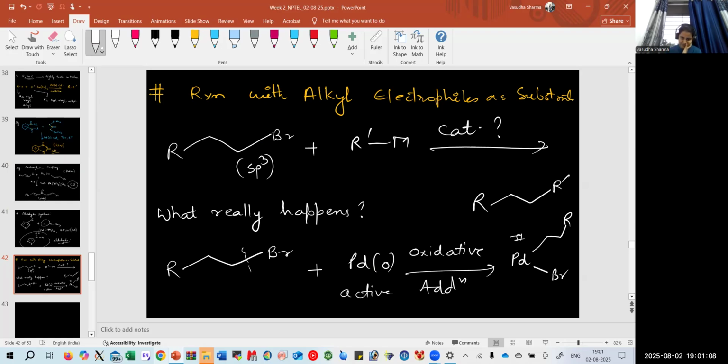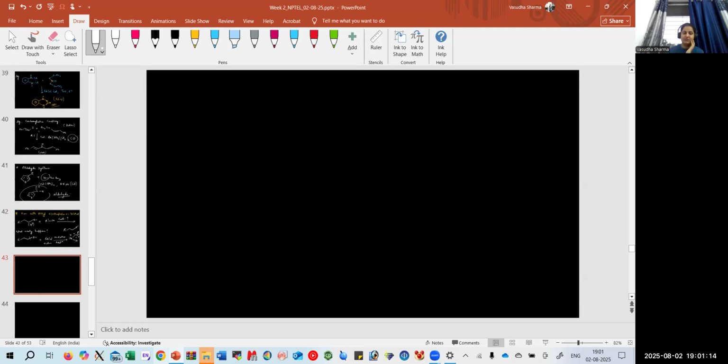Now at this position, it is having H and H. This is alpha and this is beta. I'll make it in another window. So we have made this palladium and Br. Now this center is having H and H. This is alpha center, this is beta.